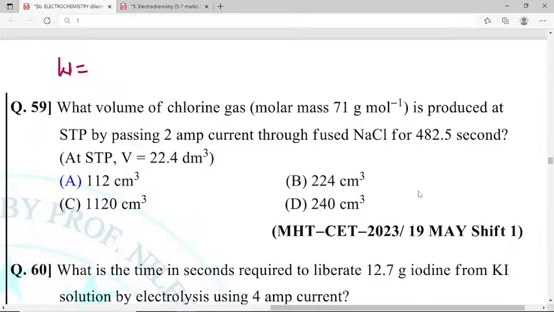This is the current in ampere, 2 ampere, multiplied by time in seconds, 482.5 seconds. This whole divided by 96500 multiply by mole ratio of chlorine 1/2 multiply by molar mass 71.